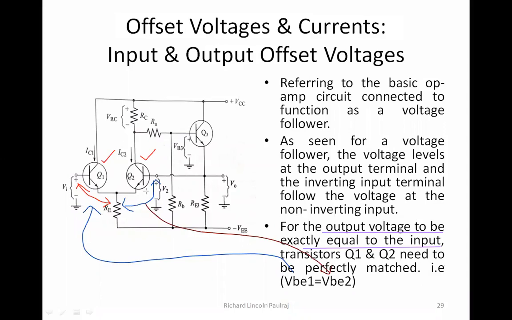In order to have a perfect output, without any kind of offsets, without any kind of increases or decreases in the levels of voltages, I should make sure that these bases have equal voltages, which means VB1 should be equal to VB2, for the first and the second transistor.